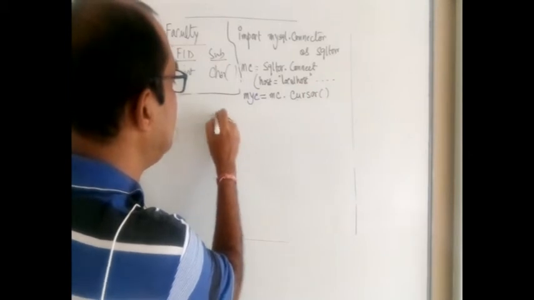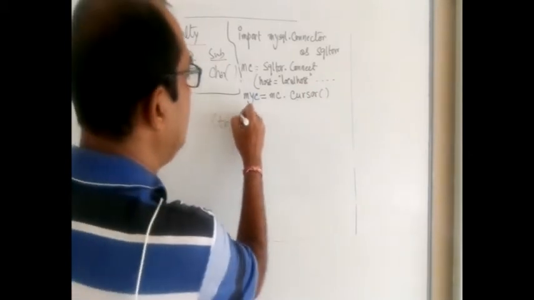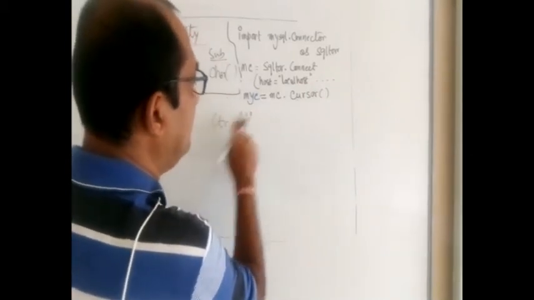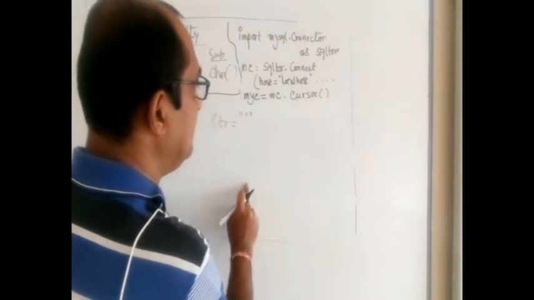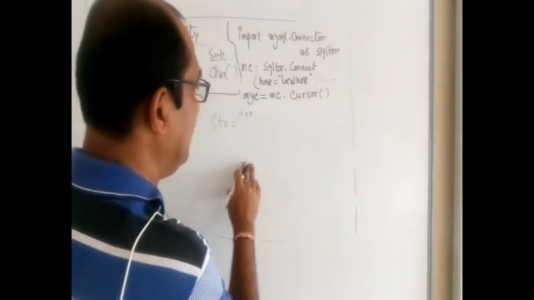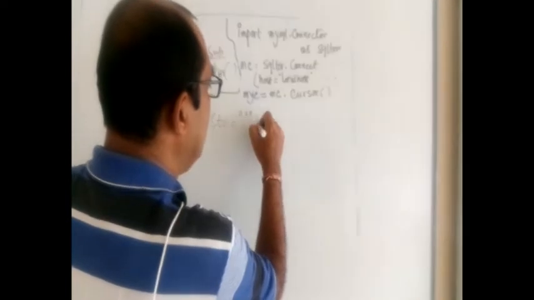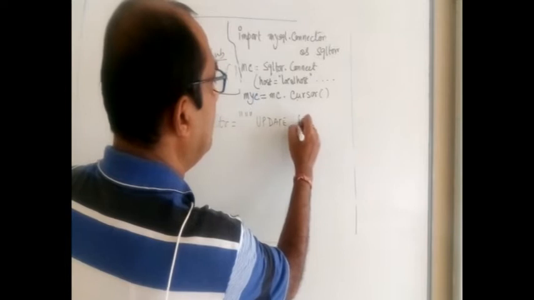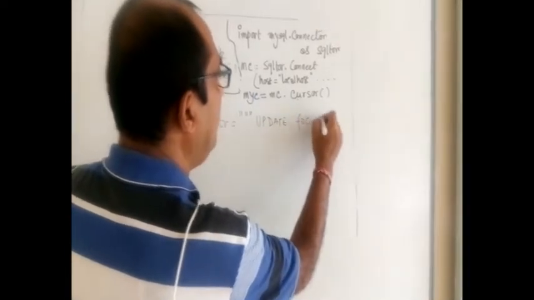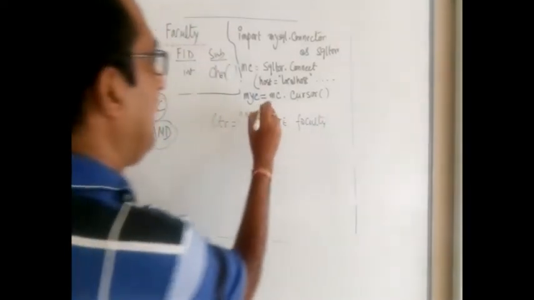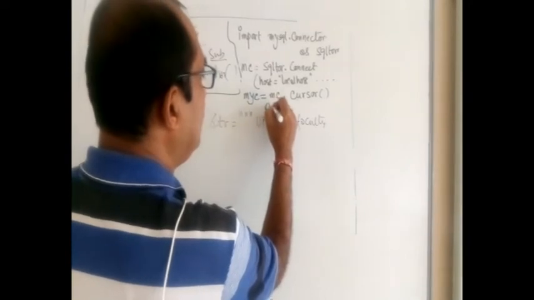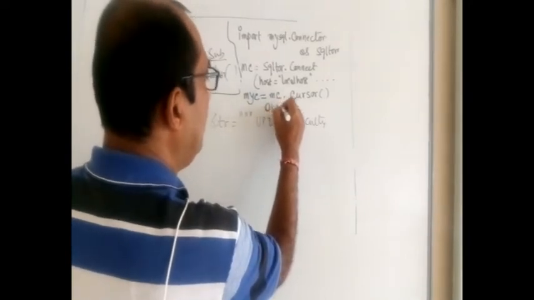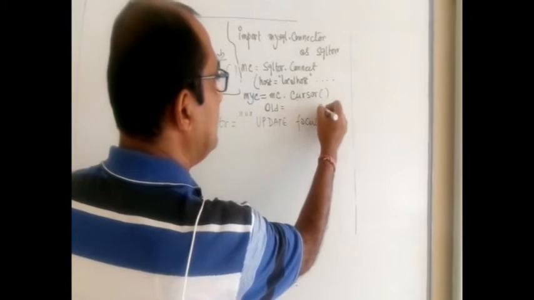So say I took a string variable str, and I took triple quotes again so that I can write the commands in two or three different lines. So I wrote update faculty. And say beforehand I input two variables, I forgot to write that.